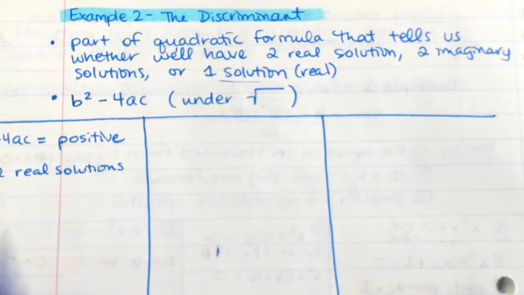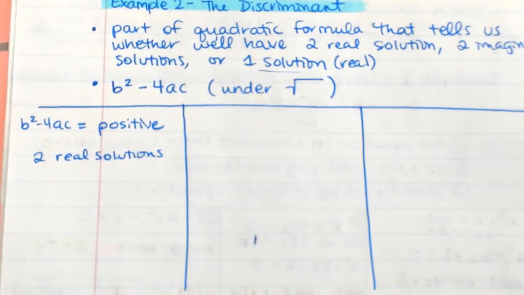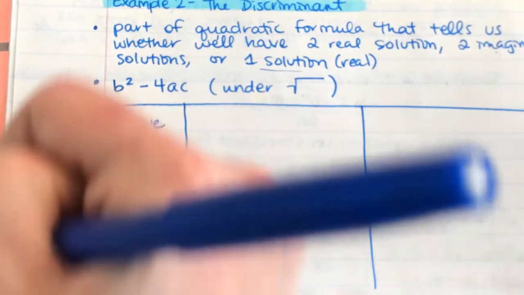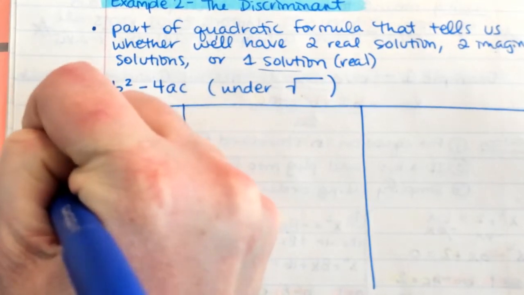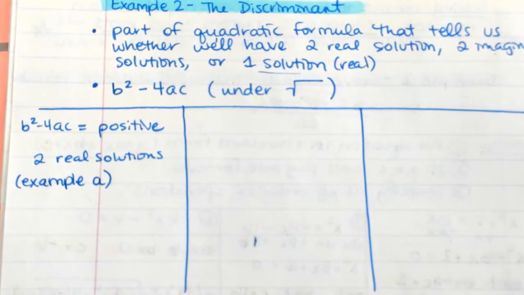Yeah. So if your discriminant came out to be a positive number, that's going to end up giving you two real solutions. And that's basically like example A that we did before. And I'll flip back in a moment just to show you. Actually, I can just use this.